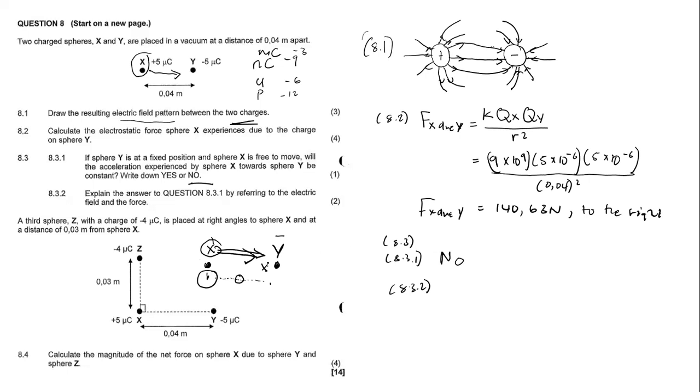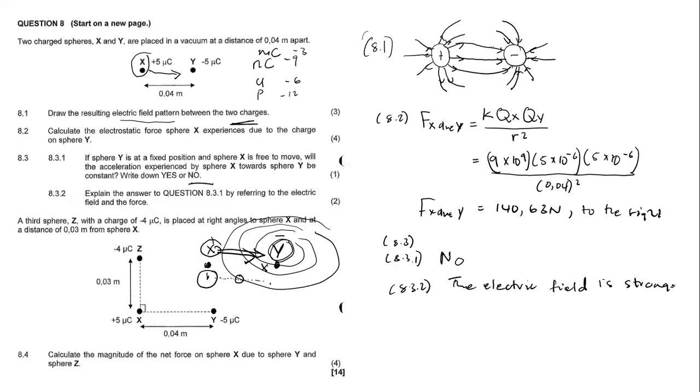Like I said, the electric field towards sphere Y is stronger, but the electric field away from sphere Y is weaker. You understand? So that means we're going to say the electric field is stronger closer to the charge.